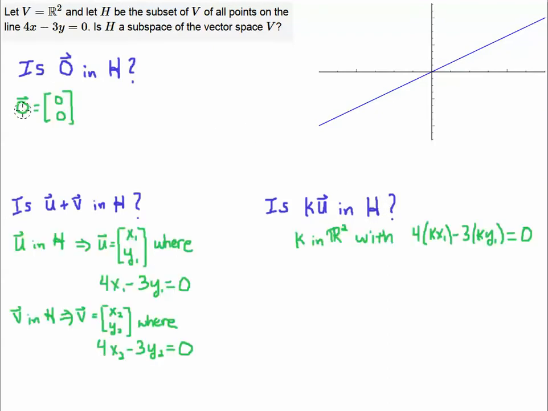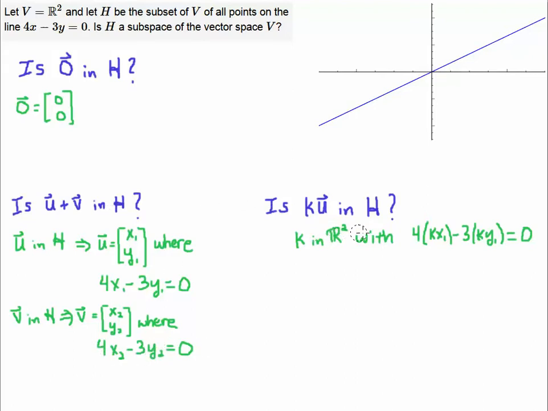So the zero vector looks like the point 0, 0, and we want to know, is that in H? If u is in H, then let u be the vector x1, y1, where, now remember, for it to be in H, it has to be on this line, so it has to satisfy this equation. If v is in H, then v is equal to x2, y2. I just use those coordinates, so that's the point x2, y2, and that coordinate has to satisfy the line, so 4x minus 3y has to be equal to 0.